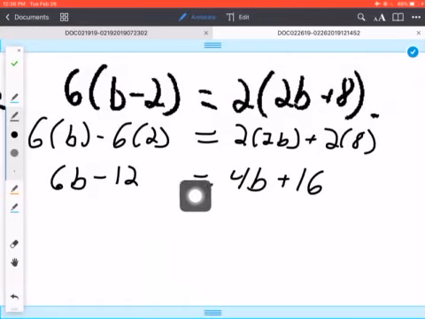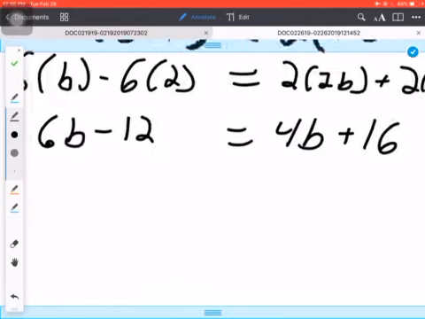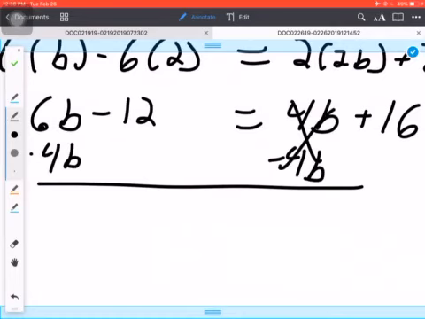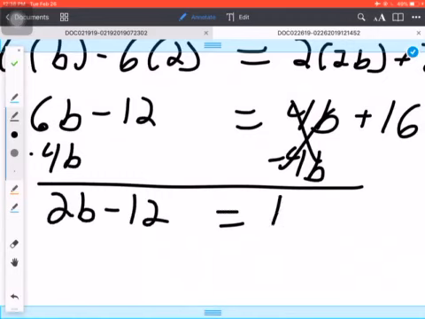Now, I have variables on both sides and non-variable terms on both sides. So what I'm going to want to do is get rid of a variable term on one side. And I'm going to do it onto the right side because 4b is less than 6b. So I'm going to create a zero pair here. All that's left over here is going to be 2b minus 12 equals 16.